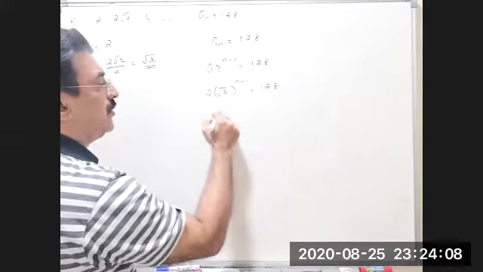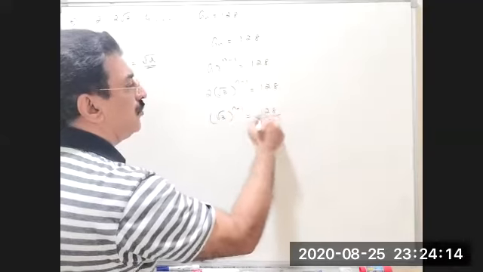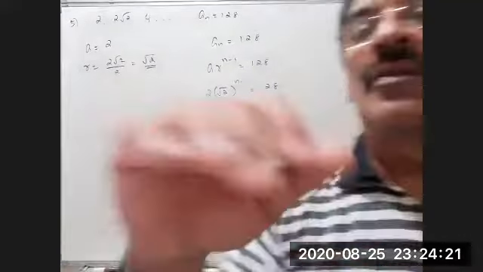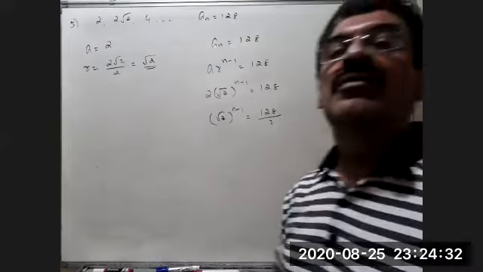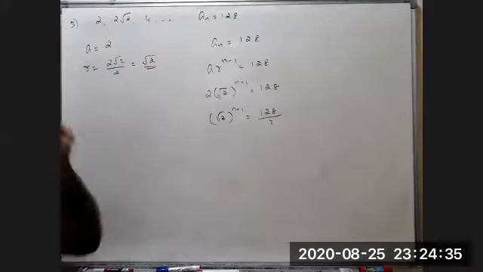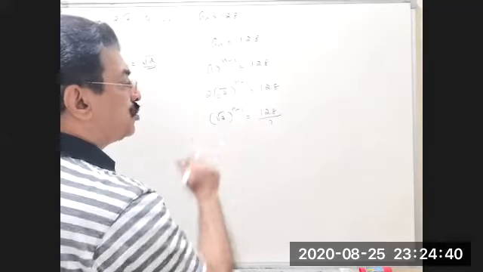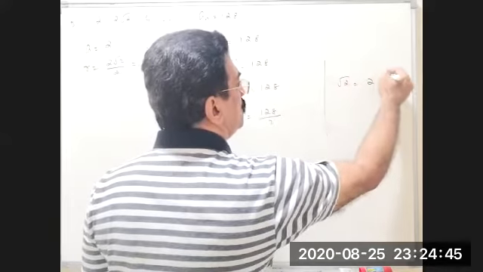Take 2 to the other side: root 2 raised to n minus 1 is 128 by 2, which is 64. See, root 2 means 2 raised to 1 by 2.